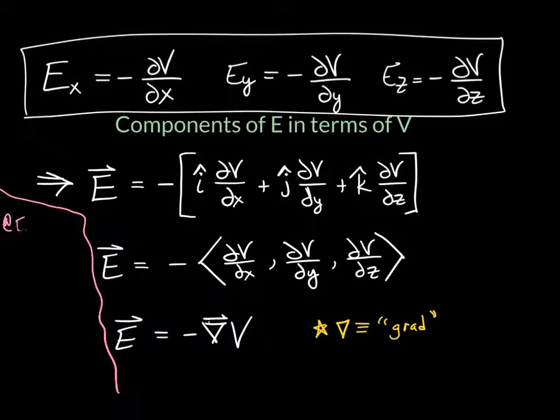So at each point, the potential gradient points in the direction towards increasing voltage.